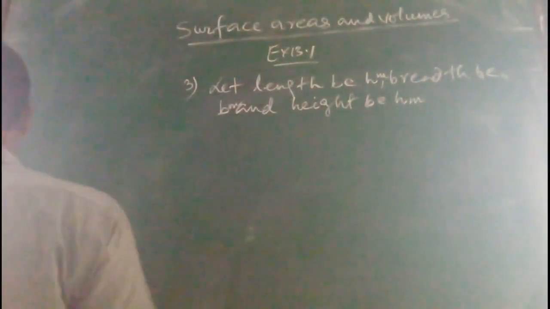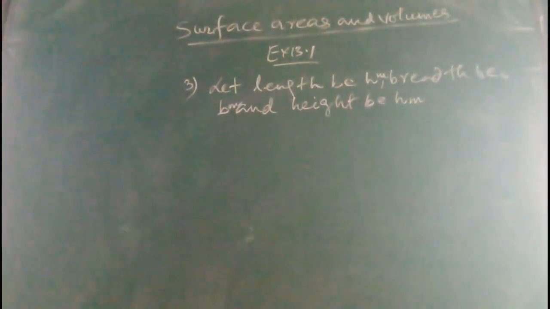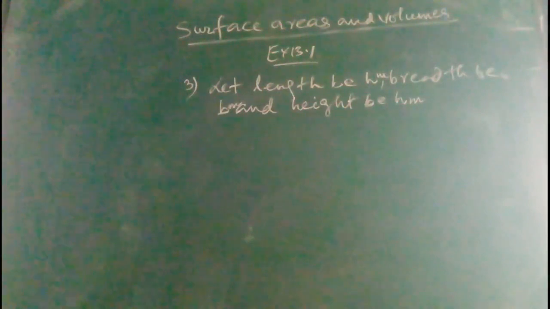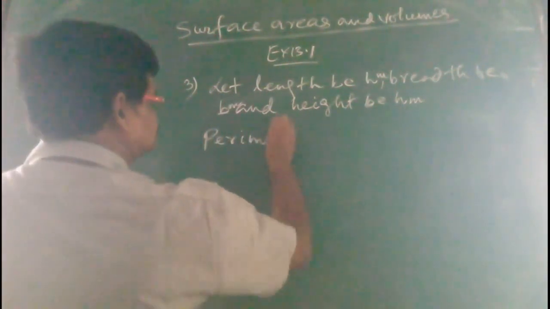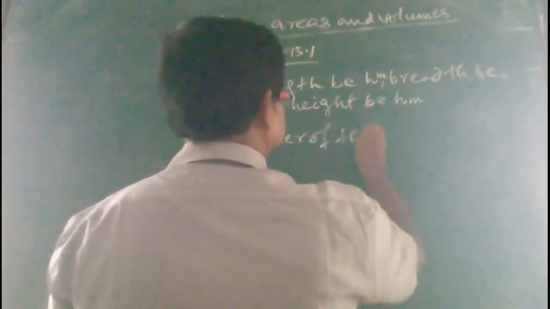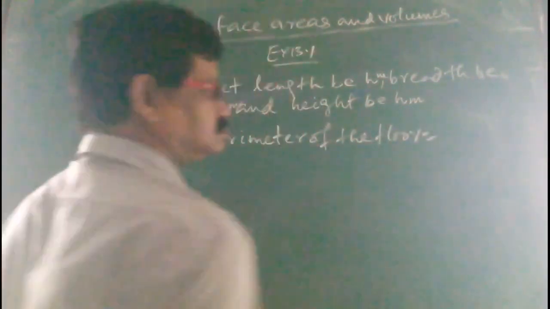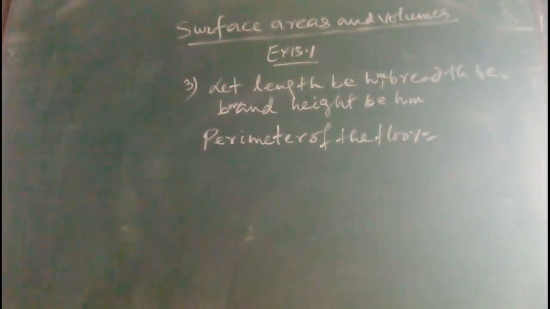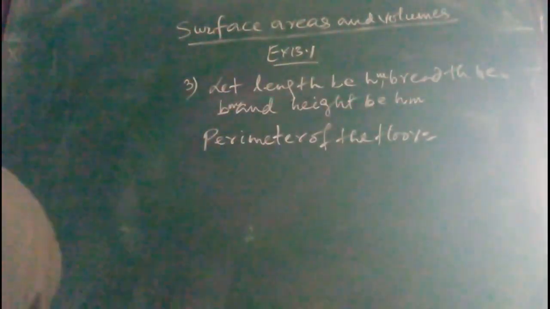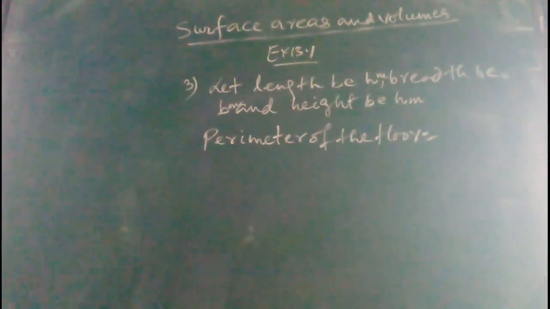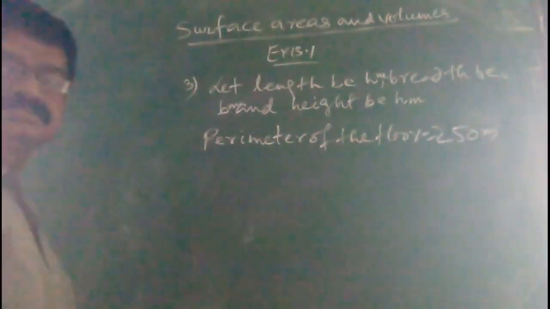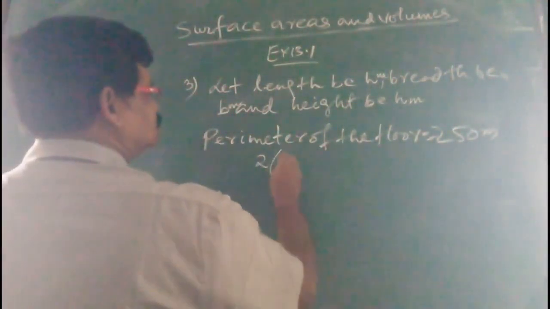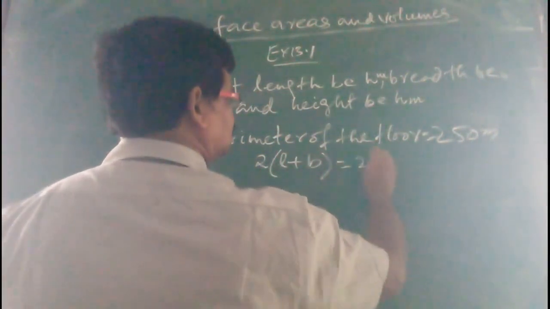Then, as in this question the perimeter of the floor has been given, so perimeter, that is 2 into length plus breadth, equals 250.